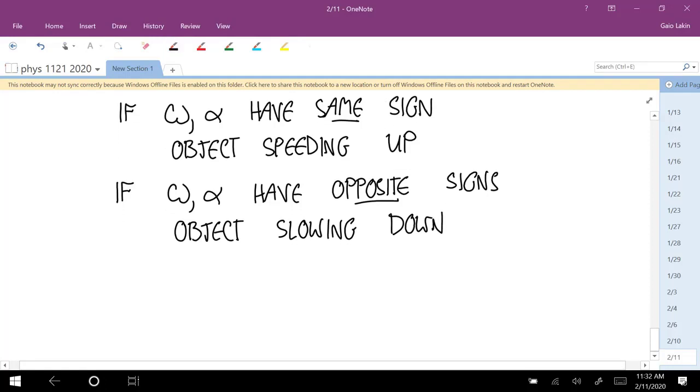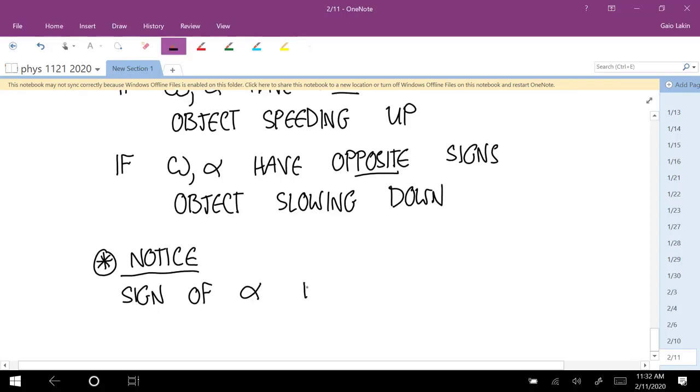Now this works similarly to the way the angular velocity works. I want you to notice this: the sign of the angular acceleration is enough to specify the direction of the tangential acceleration.